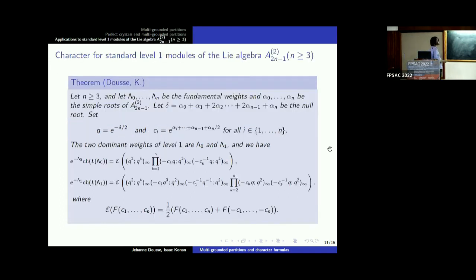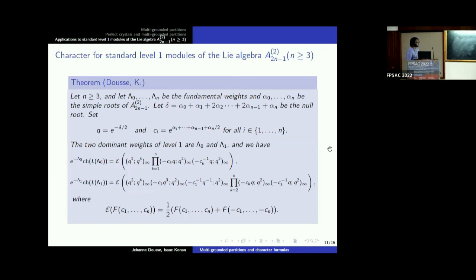So we take the example with the level 1 standard module of the Lie algebra A2n minus 1 power of 2, for n greater than 2, and you have this nice formula with a change of variable.